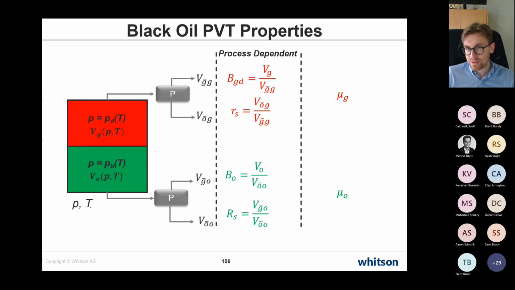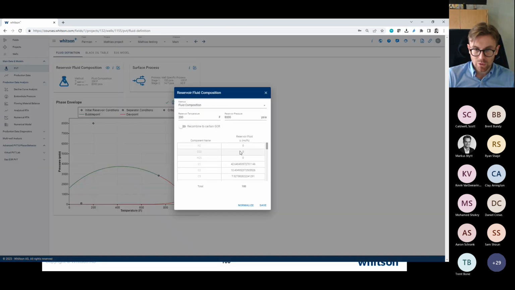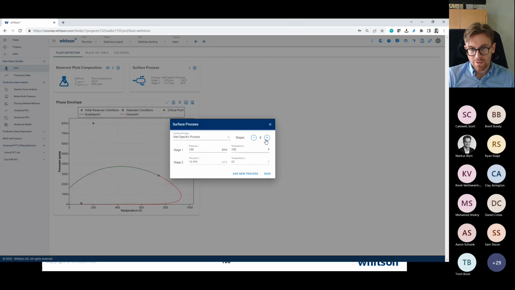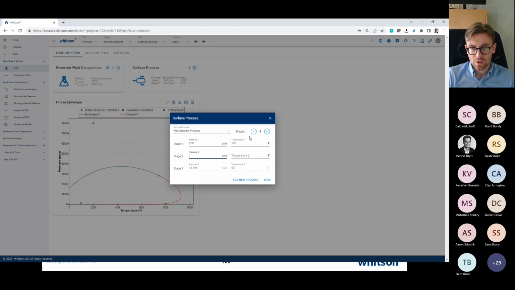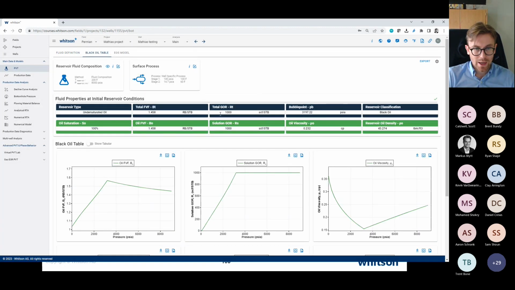The last component in the black oil table is the viscosities, and they're process independent, so they don't care about the process. Just to convince you that this is true, here I use the reservoir fluid composition, so the reservoir fluid composition is the same. Let's say I remove a stage. Now let's look at formation volume factor, GOR and viscosity.